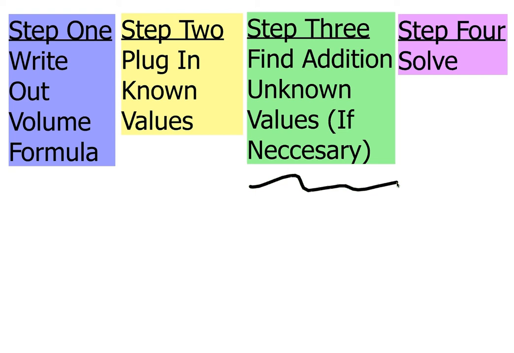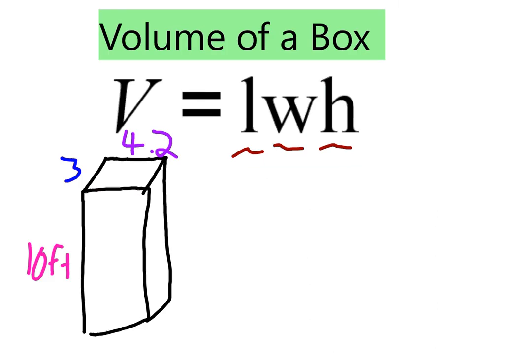If they give you the diameter, for example, a lot of times you have to find the radius. All you got to do is cut it in half, right? And then once you plug everything in, you just solve. So it's almost exactly like yesterday, except we're dealing with a volume formula instead of an area formula. Go back to this example then and just follow those steps.